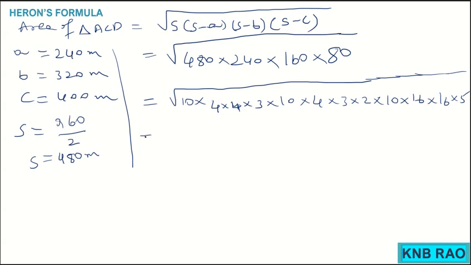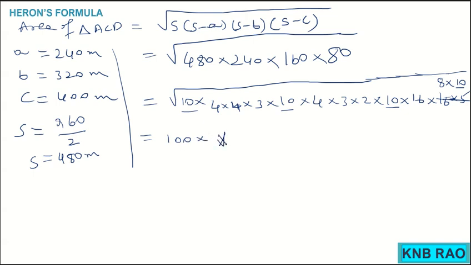Now here one thing we can do, even this 80 can also be written as 8 into 10. So 10 once, twice, thrice, 4 times. So 4 times 10 will give 2 times, that is 100 comes out.